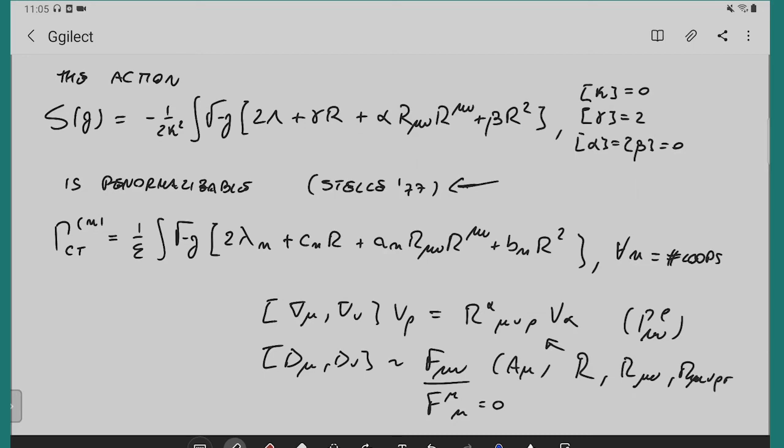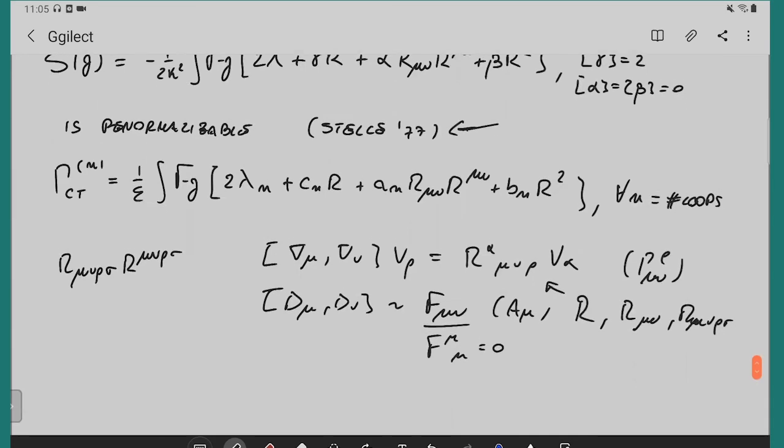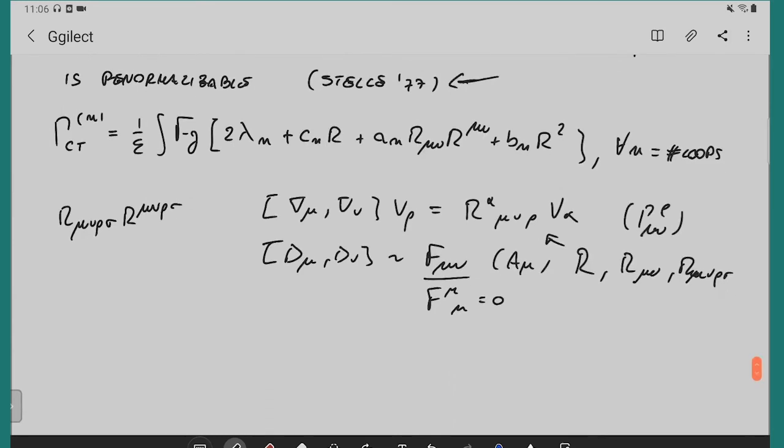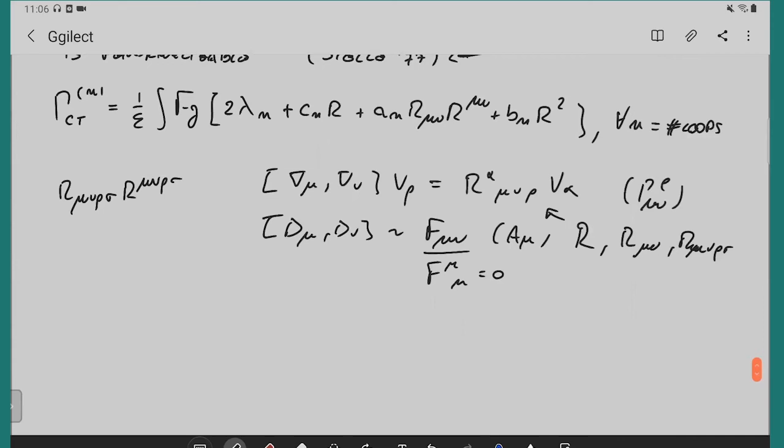We don't include the Riemann squared, because I assume that we have the Gauss-Bonnet term, which vanishes.